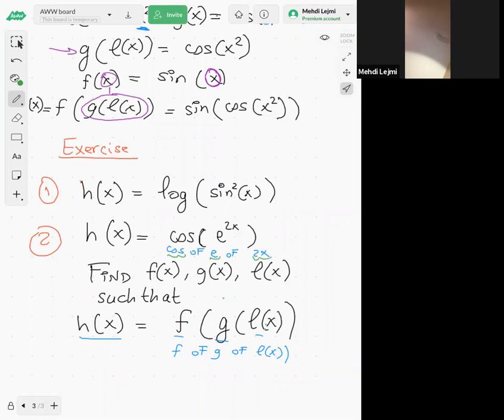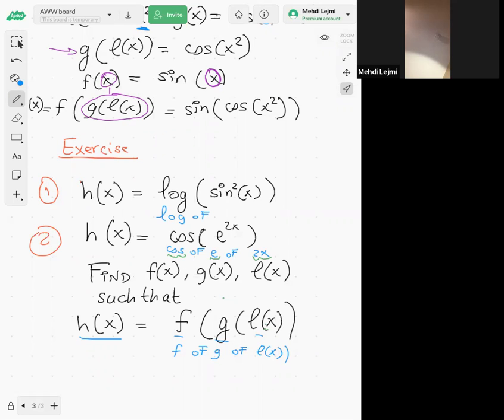For number one, it's a log of sine square of x. But how do we read sine square of x? It's not sine of 2x or sine of x squared. It's the square of sine, right?